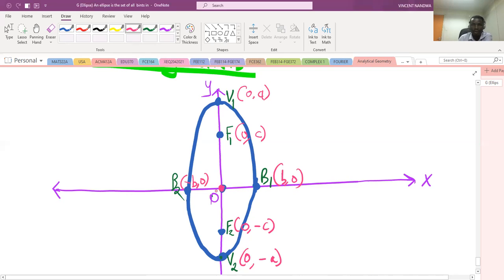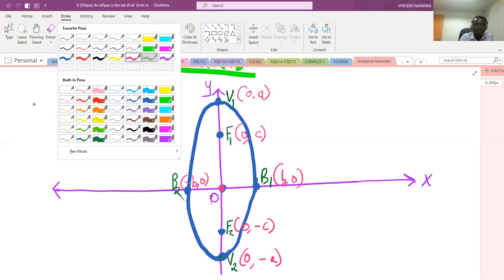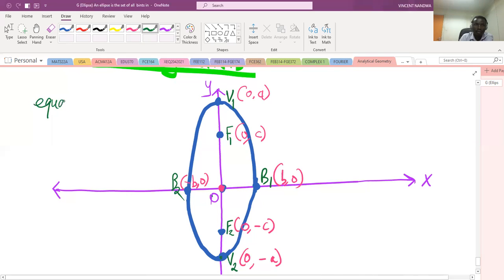The first thing that you are going to say about this graph is that the equation is given by x squared over b squared plus y squared over a squared equals 1. And always a is greater than b and a is greater than c.